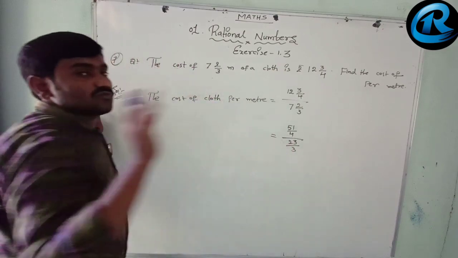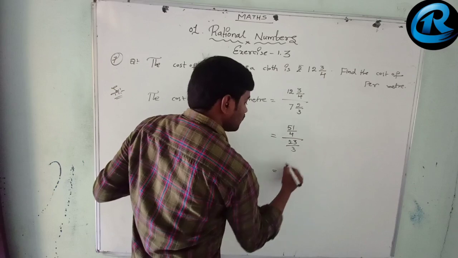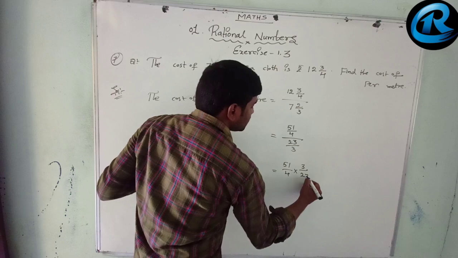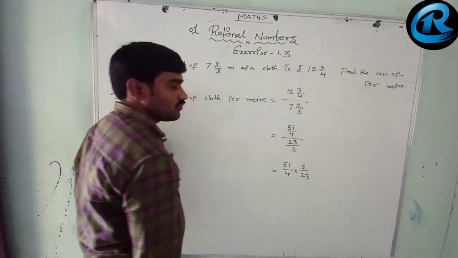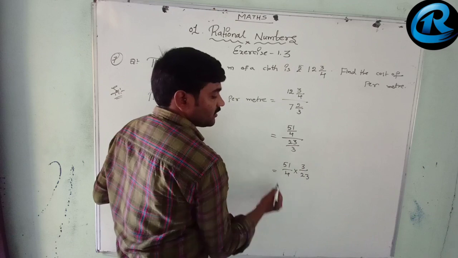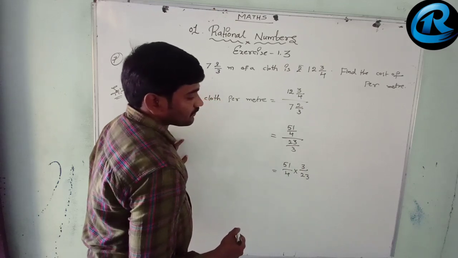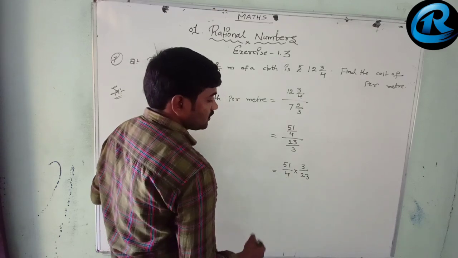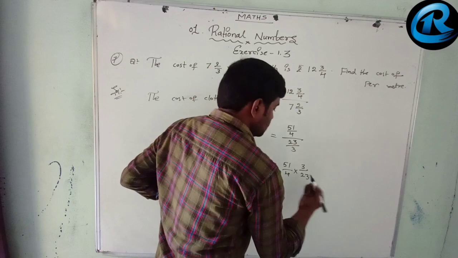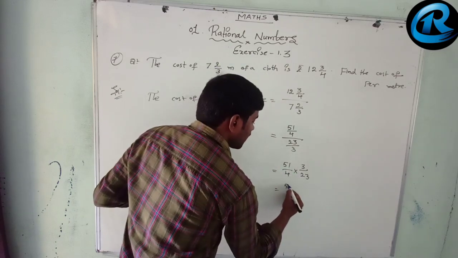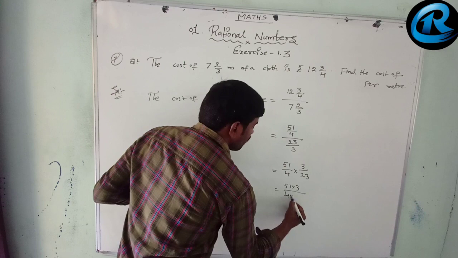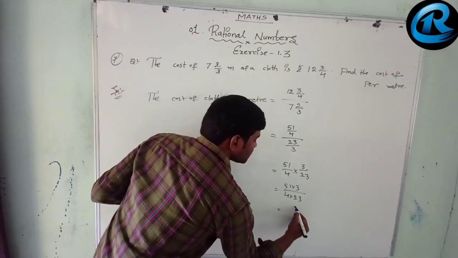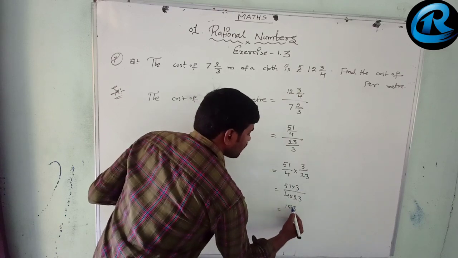Then fraction by fraction comes, what I told. You know now what we have to do. 51 by 4 we write as it is, into the reciprocal of this, that is 3 by 23. 23 by 3 becomes 3 by 23. Now, this 23 is a prime number and 51 is a composite number, as we cannot cancel anything, let us write 51 into 3 by 4 into 23. 51 into 3: 3 ones are 3, 3 5s are 15, so 153.